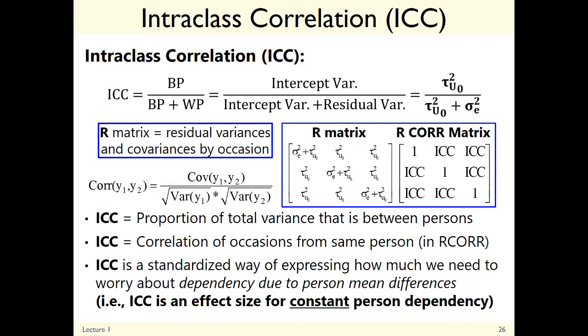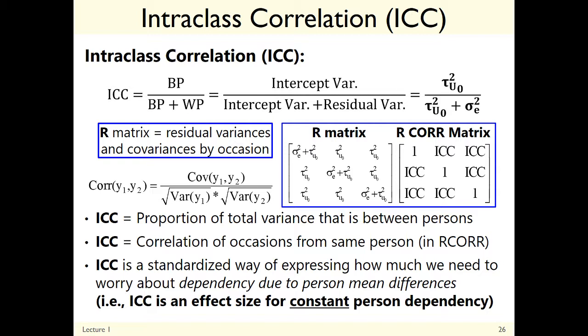It's also the correlation of occasions from the same person. And that threw me for a while, thinking about why is the numerator between, but we're talking about the correlation of occasions within the same person. And you think about it in terms of prediction. If all of my occasions are very similar, I could easily predict one from the other. That's a very strong correlation.